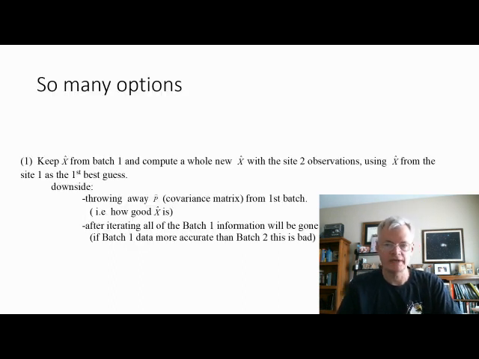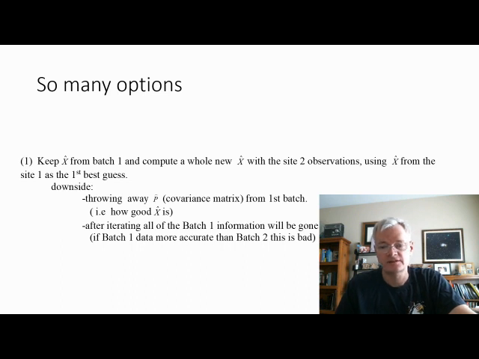So how do we handle this situation where we got new observations? We've got so many options. What we'll call option 1 here is keeping the solution from batch 1 and using that as our guess instead of Herrick-Gibbs. We'll use that as a really good guess, and then redo the process using site 2 observations.